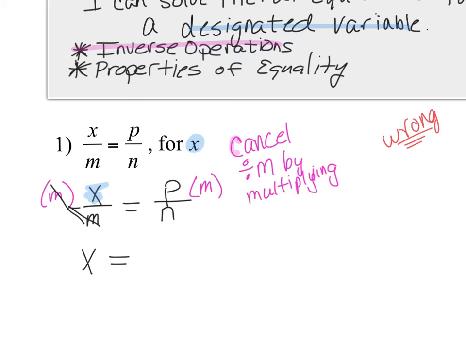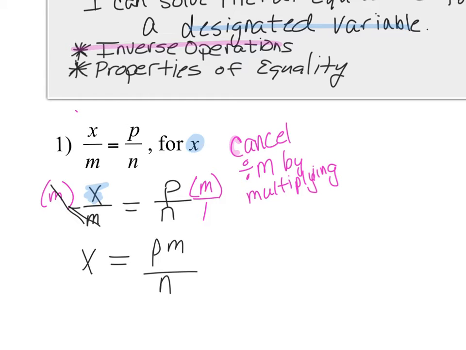When you're multiplying by a fraction, it's really the same thing as multiplying by M over 1. So when we multiply it together, all you really need to do is the P times M, which is PM, and then N times 1, which is still just an N.